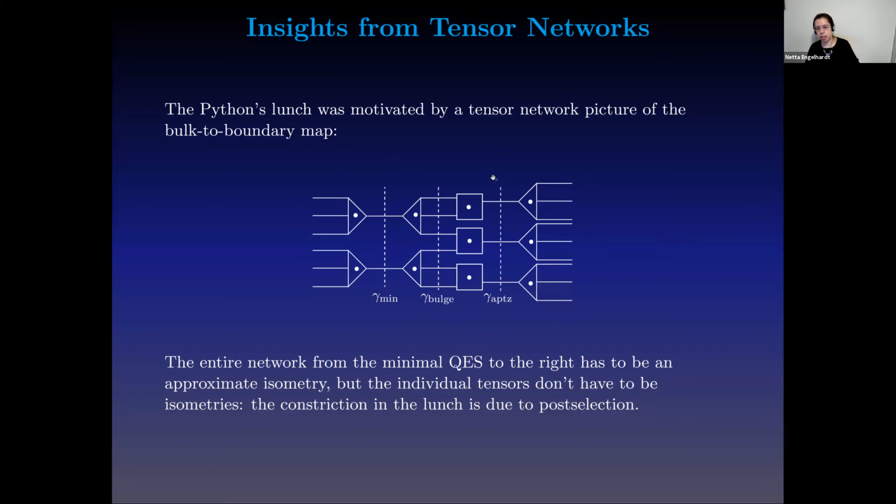I'm sorry, just getting a bit technical, so for people who are going to find tensor networks helpful for understanding this, I will just say that you can see that these tensors here, moving from left to right, are not isometries. This one, and this one, in fact implement post-selection, and this constriction in the lunch, the fact that these are not isometries, they implement post-selection, you have to do Grover search. This is what causes the exponential complexity to appear.